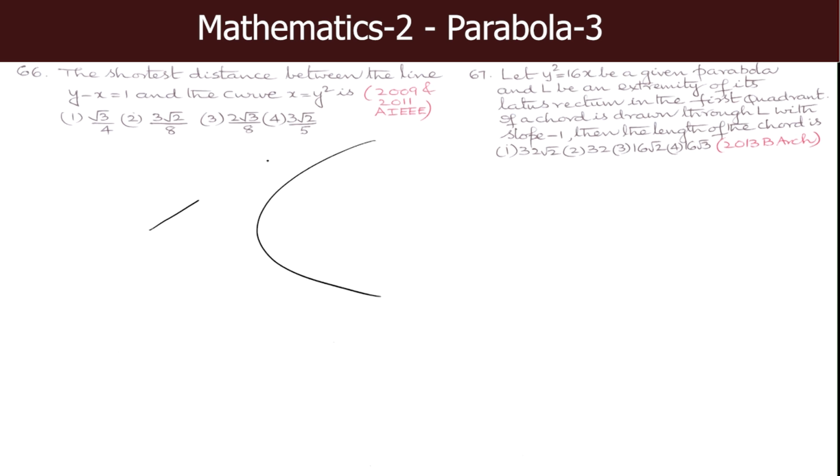Here is the straight line y minus x equal to 1. Well, the point on the parabola which is the shortest distance from the line is no other than the point where the tangent line drawn to the parabola is parallel to the given line. Then this will be the shortest distance between the line and the parabola.